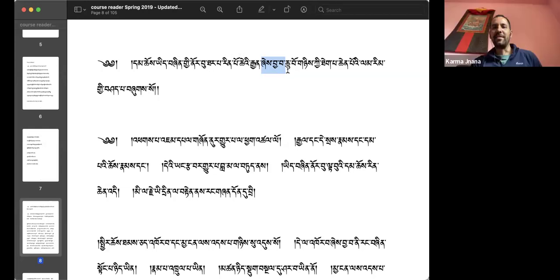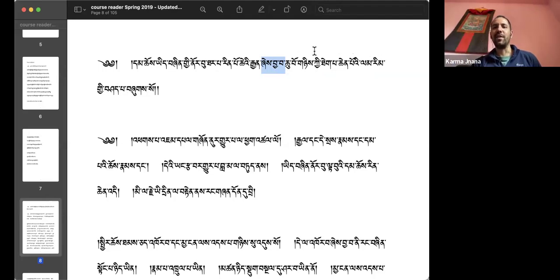And then the subtitle will be the explanation of the stages of the path of the Mahayana, of the two rivers, the two streams.